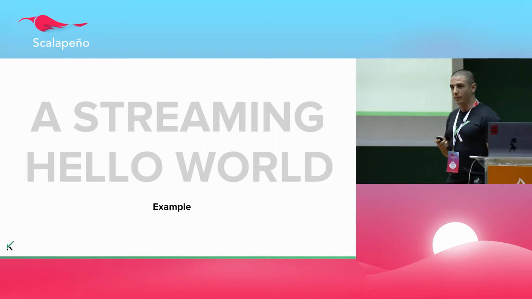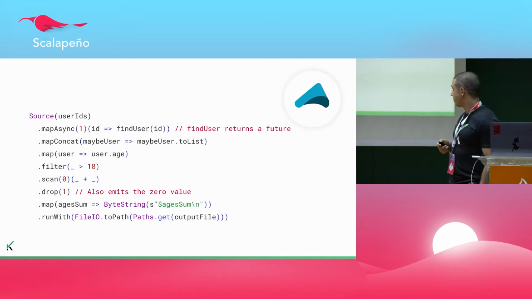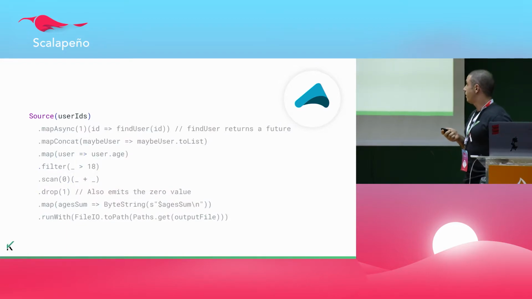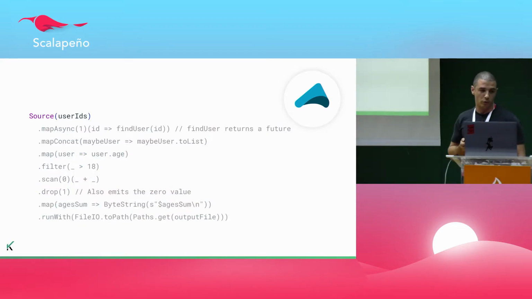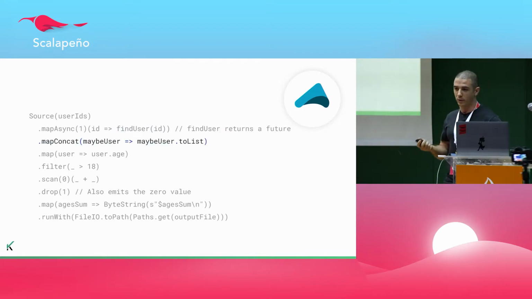Okay, what we're going to do next is look at a very simple hello-world example in streaming with both of these libraries, and we'll compare the two. This is how the code looks in Akka Streams, and we'll go over it now. The first thing we do is we produce user IDs into the stream. Next, we use mapAsync in order to integrate futures inside the stream. Now, findUser may not return a user, so it returns also an option.